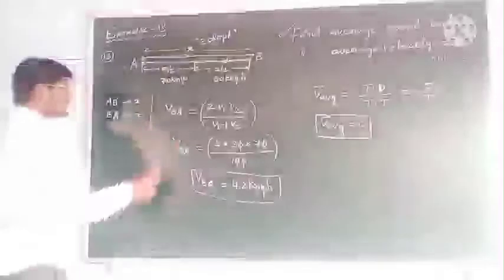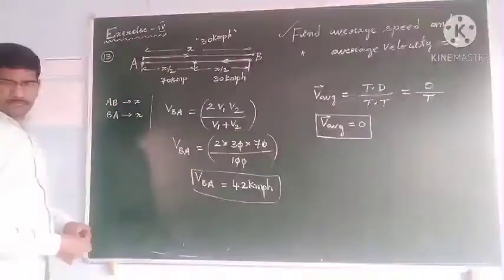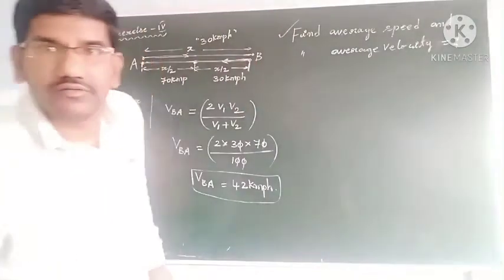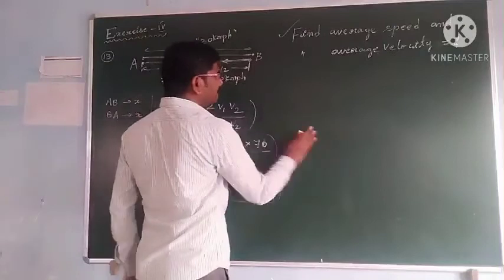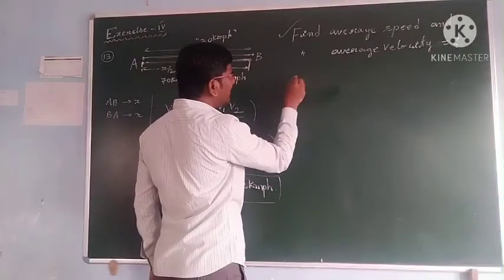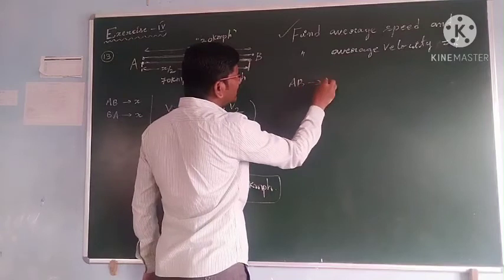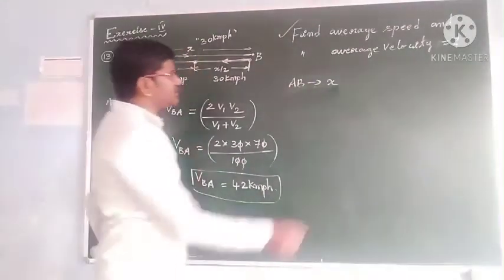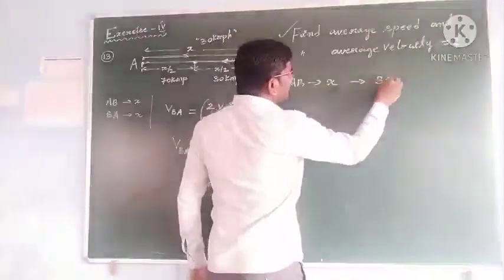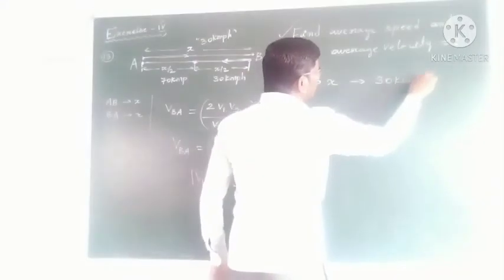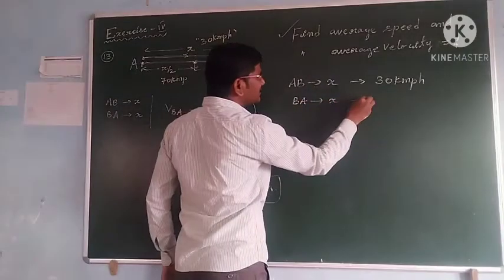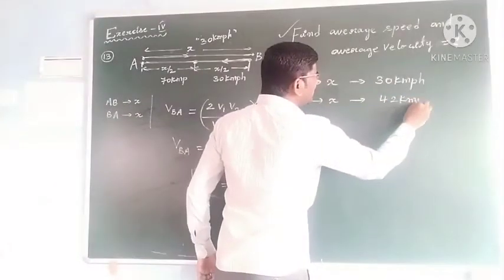So see, students, A to B distance you know. For finding the average speed, A to B, I am writing here, A to B distance is x and it went with a speed of 30 kmph, and B to A again the distance is x and its average speed we found as 42 kmph.